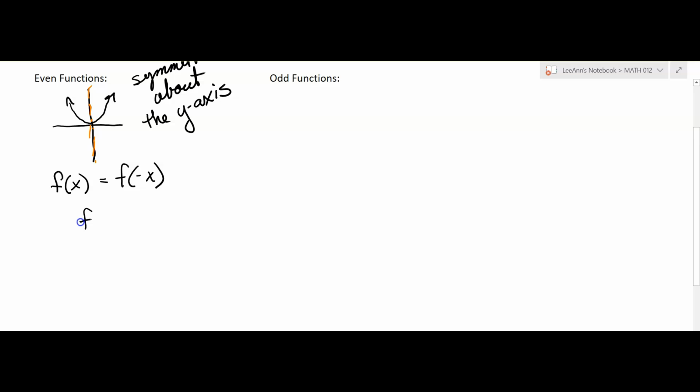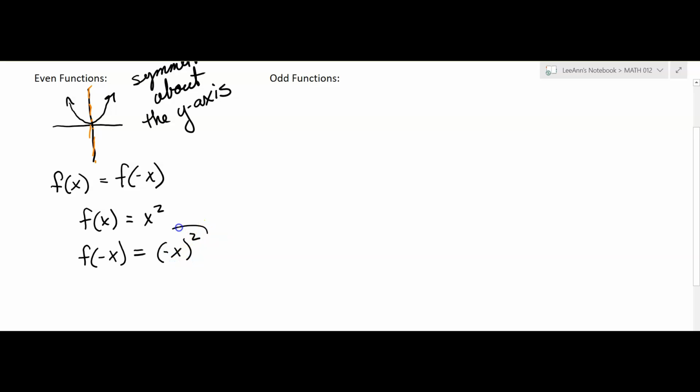So say f of x equals x squared, the quadratic function, which I already told you is even. Okay, so if I put in f of the opposite of x, then that would be the opposite of x, squared.